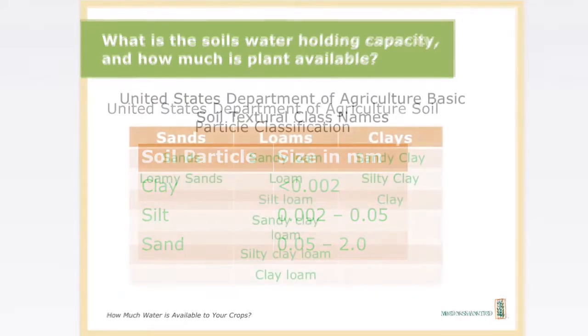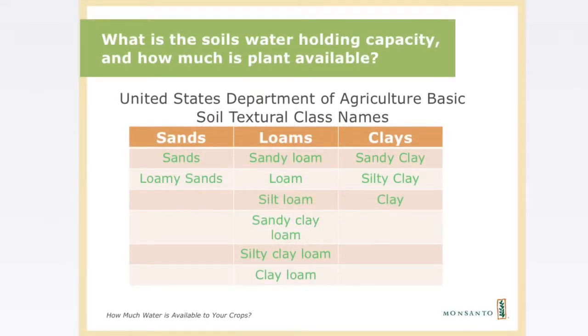In most soils, you don't find only sand particles or silt or clay. You get a mixture. Depending on what mixture you have, if you've got a high percentage of sand, you have a sand soil. If you've got a lot of silt or clay sand mix, you've got the loams. And if you have a really high percentage of clay, you're talking about a clay soil.